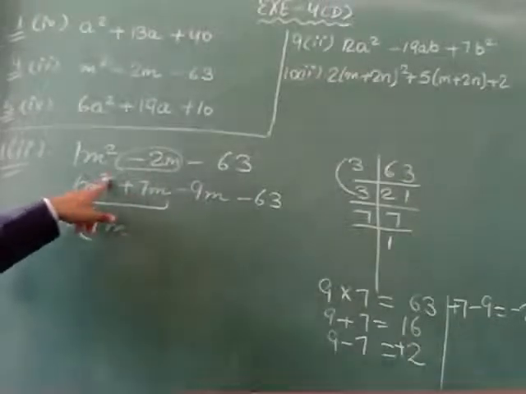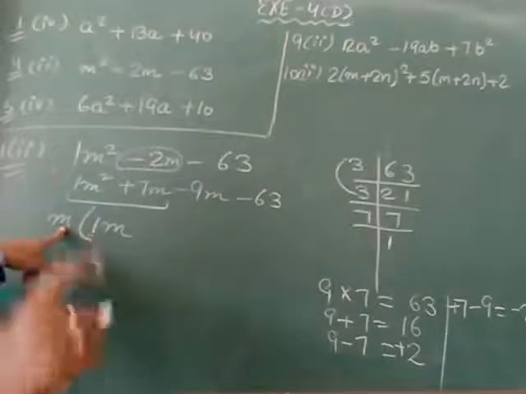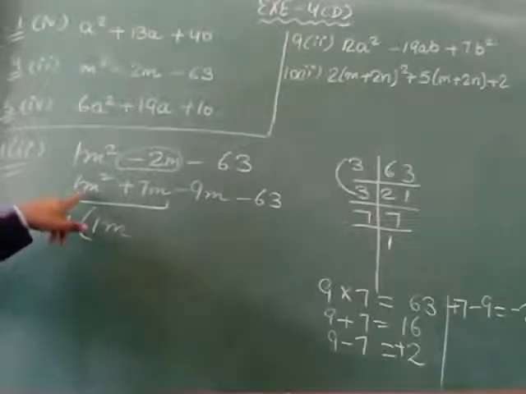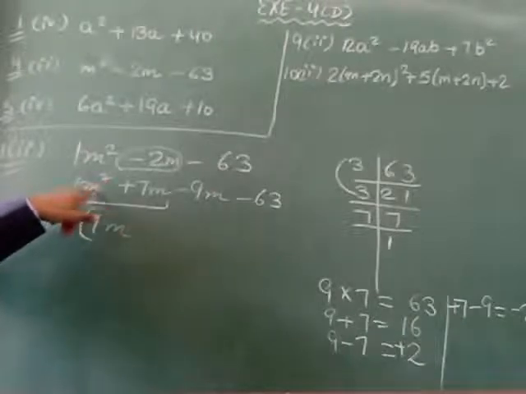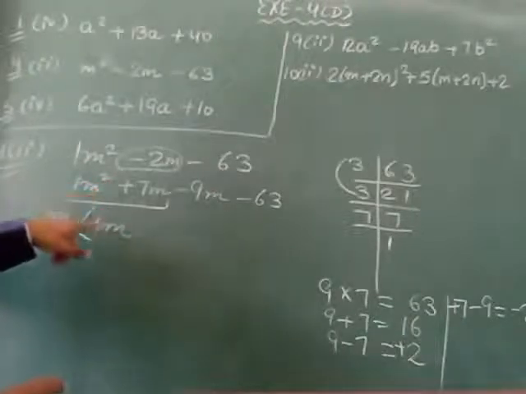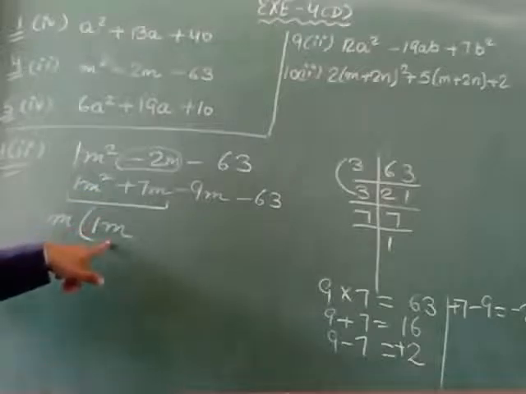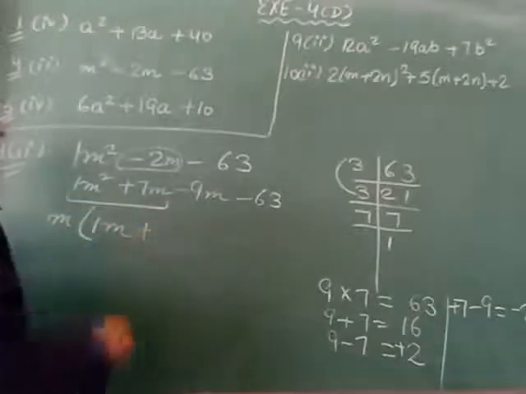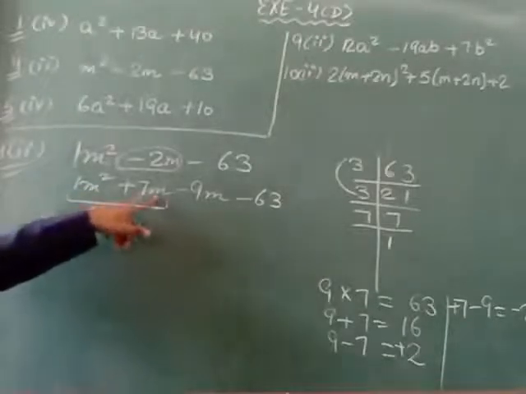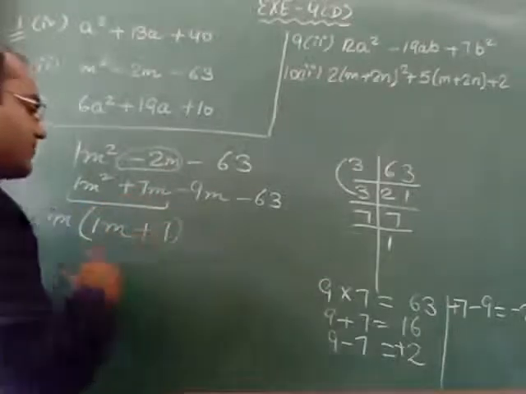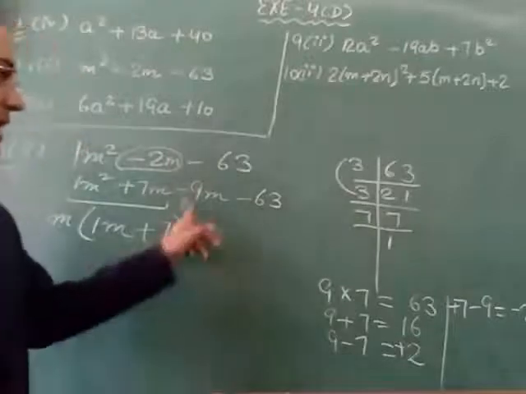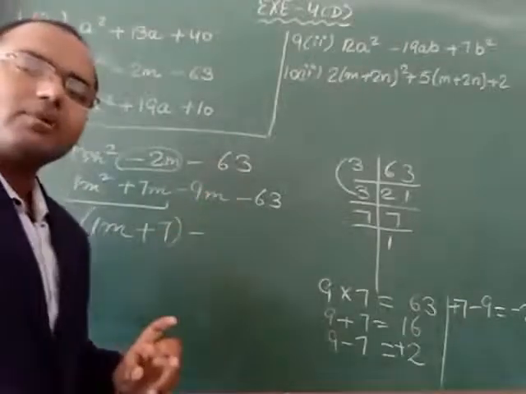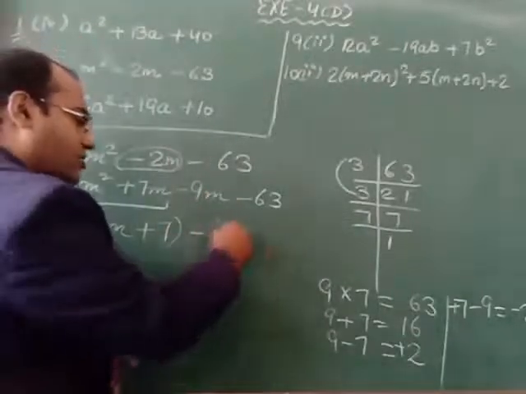This is m square and we have taken only 1m common, so what is the remaining term here? m is remaining, and out of 2m, m square means double m, single we have taken common, so 1m is remaining, plus after taking m common, we will get 7 as the remaining term. Both have a minus sign, so we will take minus common. 9 and 63 both come in the table of 9, so we will take 9 common.